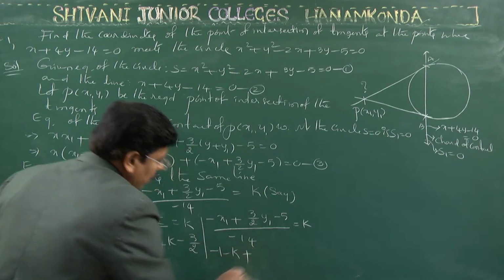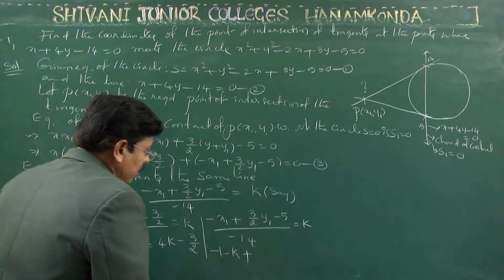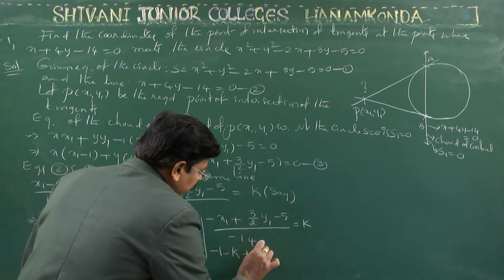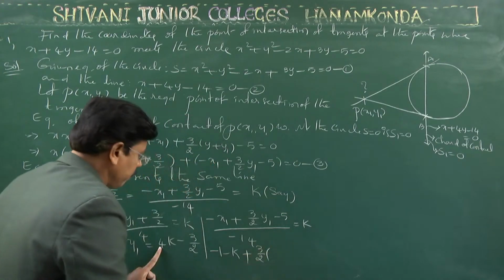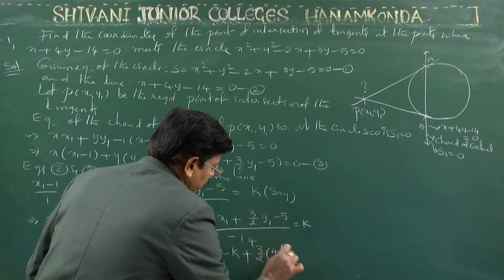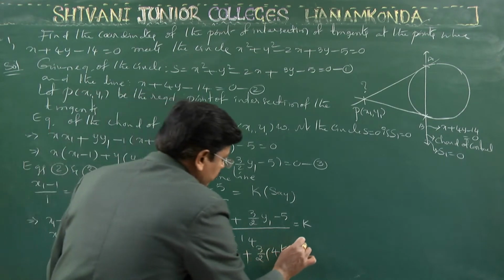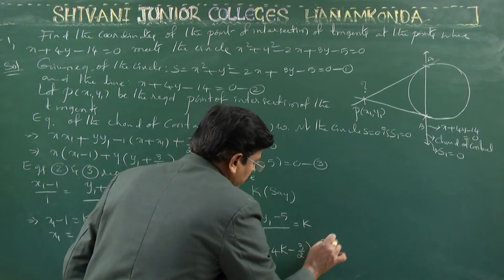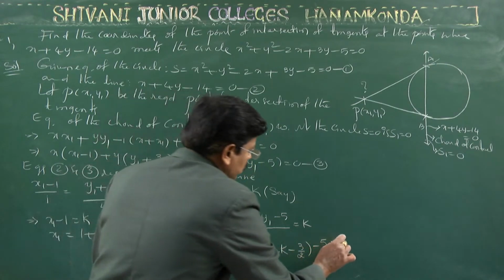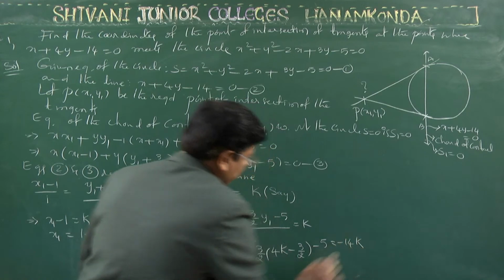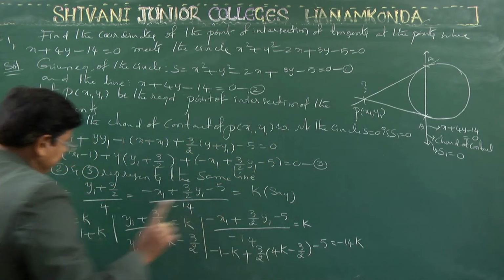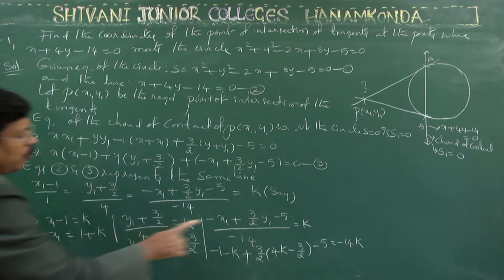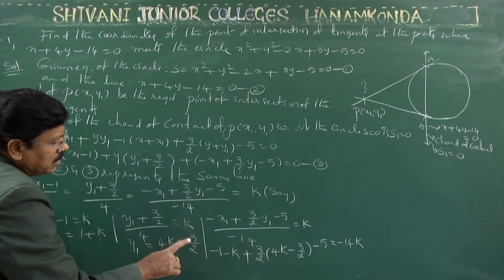For y1, 3 by 2 of 4k minus 3 by 2, then minus 5, equals minus 14k. You can observe that in place of x1 we write 1 plus k, and y1 is 4k minus 3 by 2.